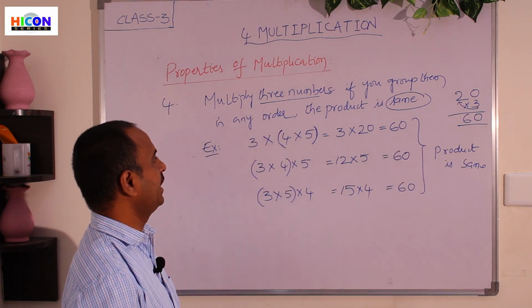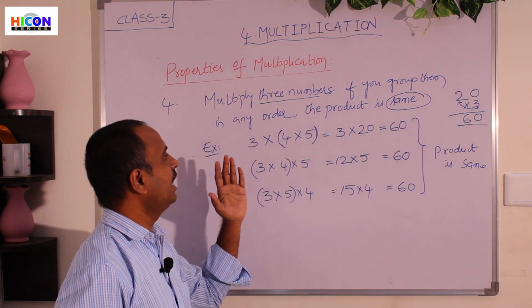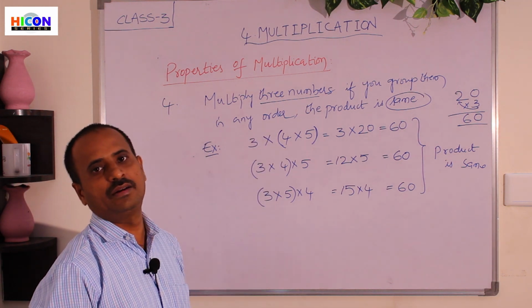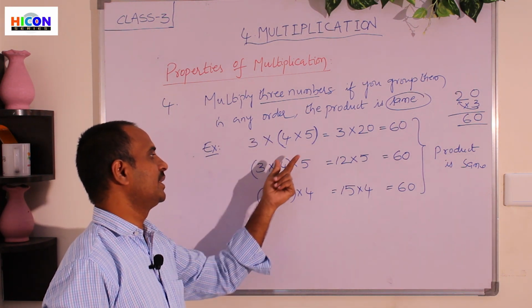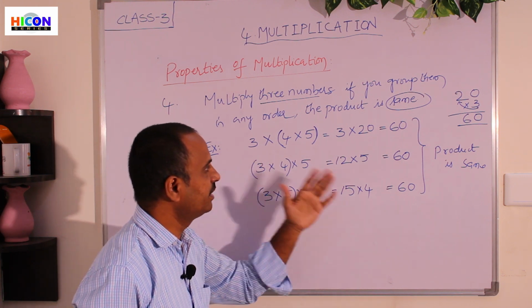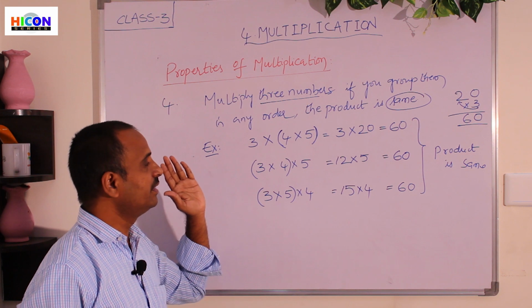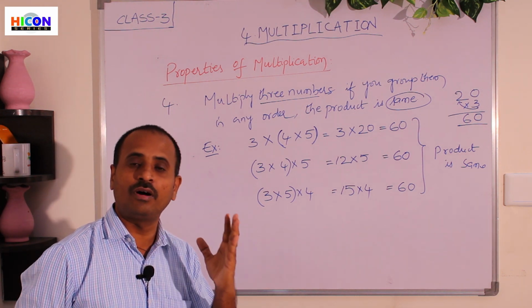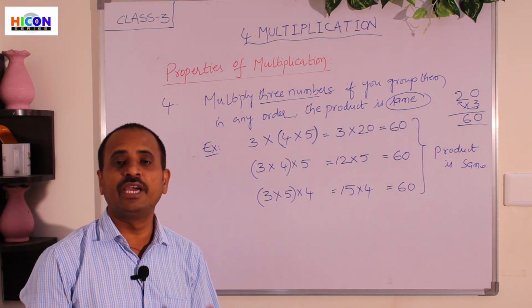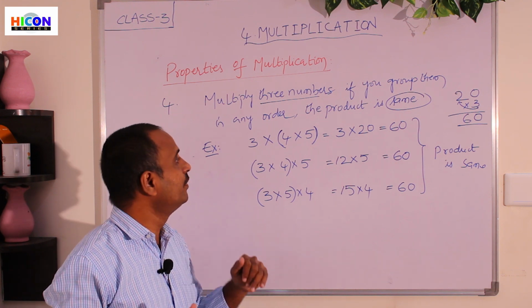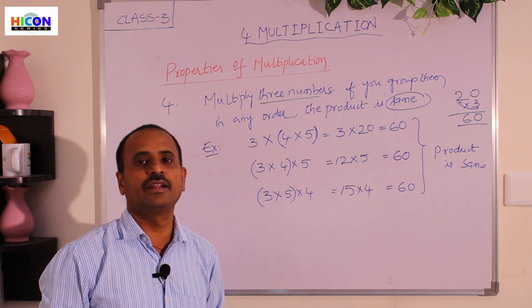So if you multiply any three numbers and group any two numbers in any order, you will get the same product. This is the fourth property, and this property is also called associative property, and you will learn this in higher classes.